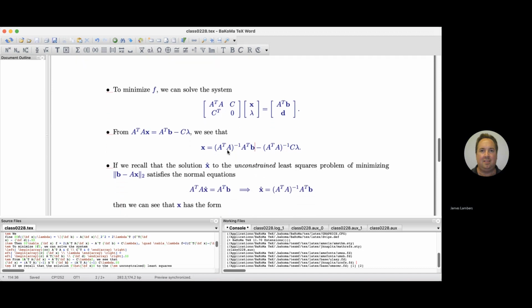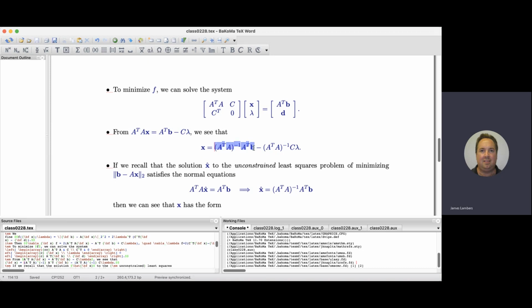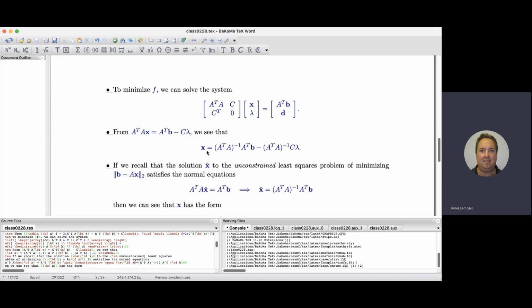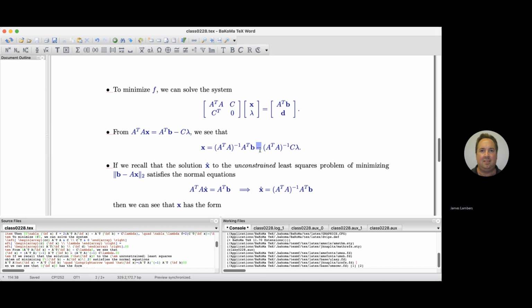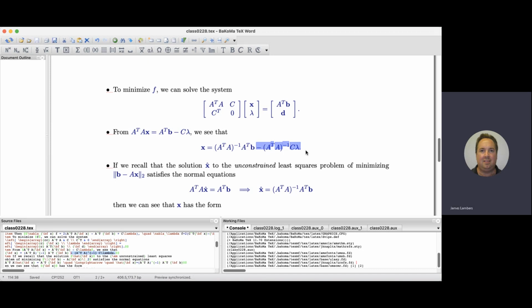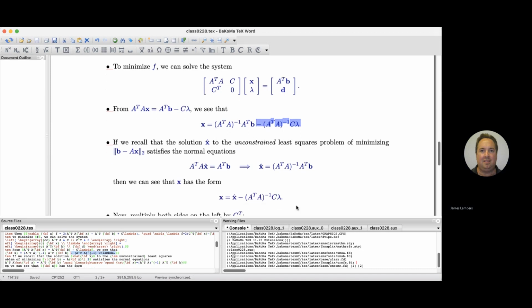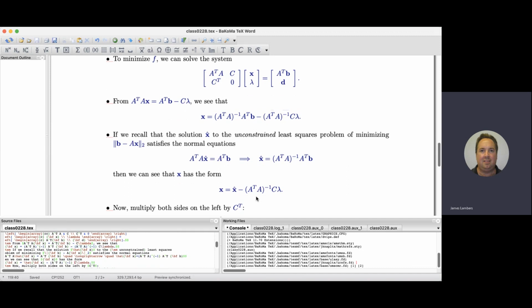This part here is referred to as x hat. So we can think of the solution to our constrained problem as a solution to the unconstrained problem plus this extra term. All right, so what remains is to find this term, because lambda is still unknown.